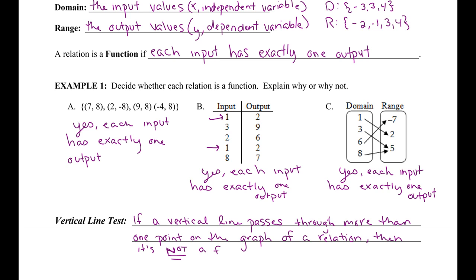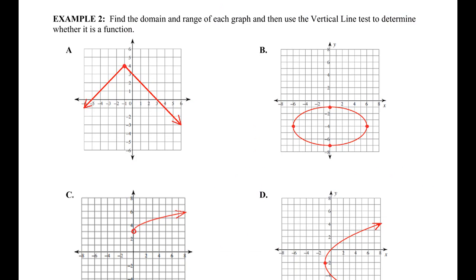When you're done copying down the definition, please flip it over to the next page and we will look to see whether or not the graphs on the back are functions using the vertical line test. For example 2, we are going to decide if the 4 graphs are a function.